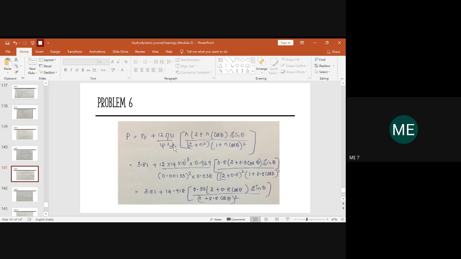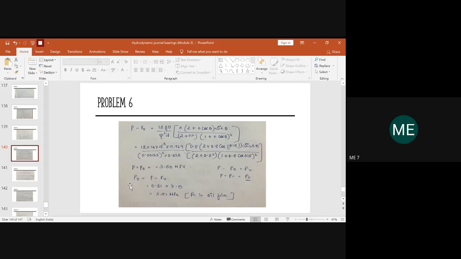The diameter of the bearing is 0.38, and the same eccentricity value of 0.8. Everything is the same. Theta you will not substitute here until you simplify the equation. After you simplify the equation, at the end you can put theta max and theta min and calculate which is P minimum and P maximum.